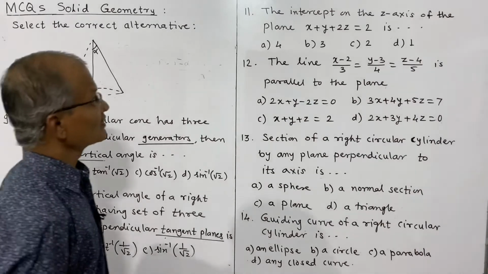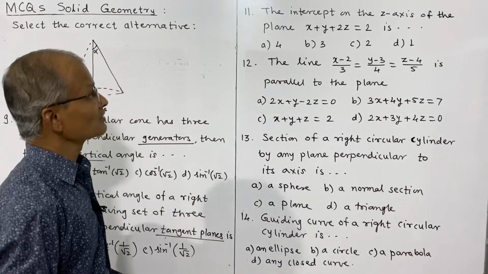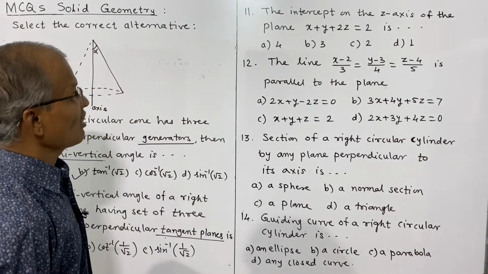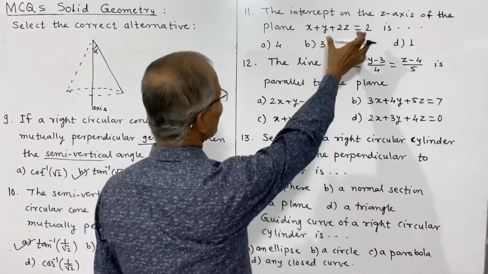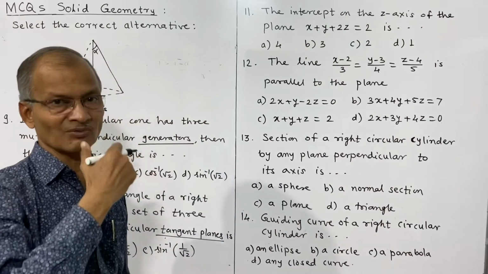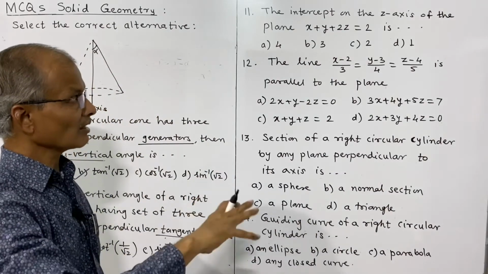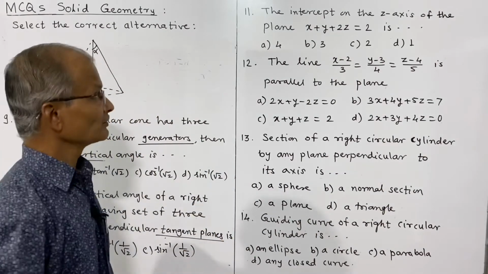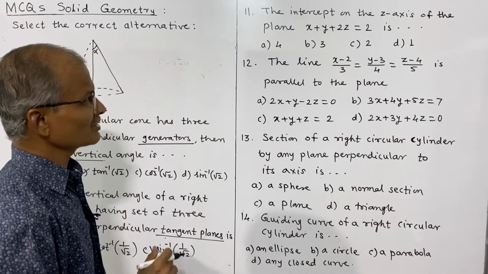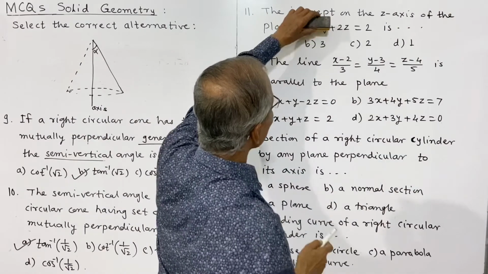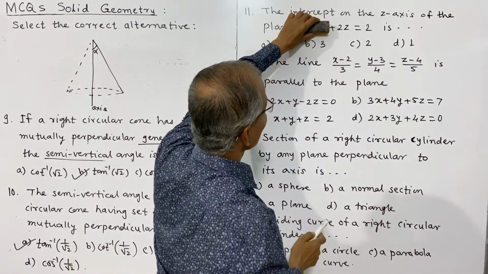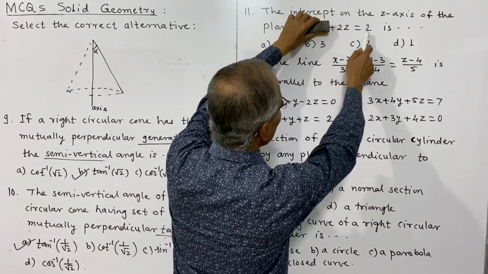The next is the intercept on the z-axis. The intercept on the z-axis of this plane is, now this is simple. To get the intercept on any axis, we have to put the remaining coordinates 0, because on the z-axis x is 0, y is 0, and therefore if x is 0, y is 0, this is to be deleted, and what remains, 2z is equal to 2.